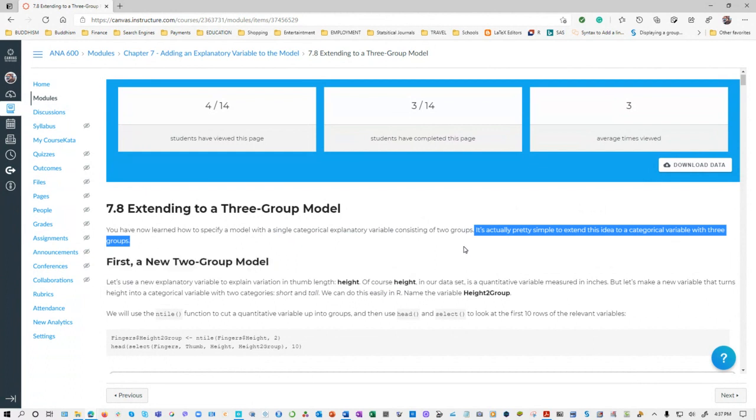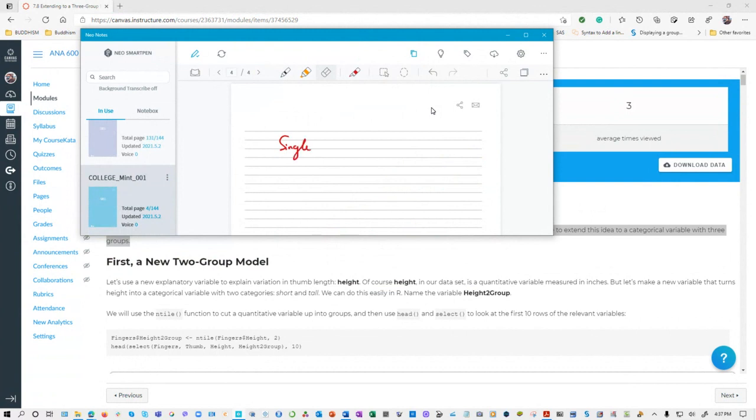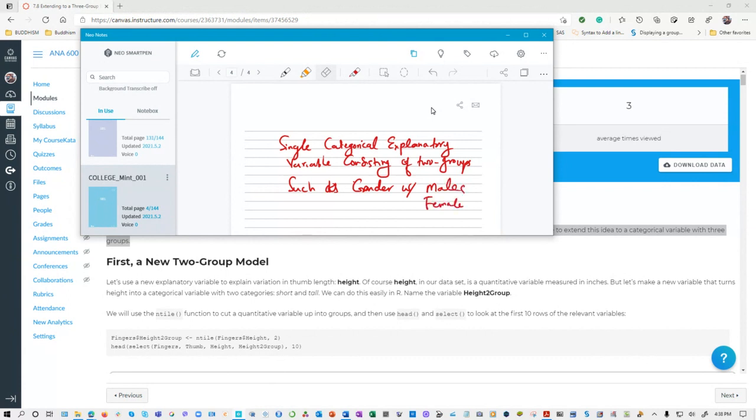So far we were talking about a single categorical explanatory variable consisting of two groups, such as gender with males and females.